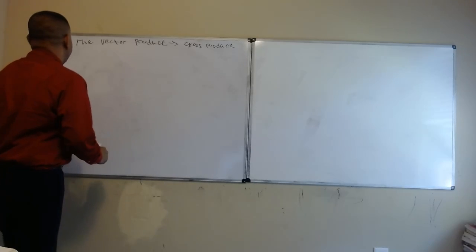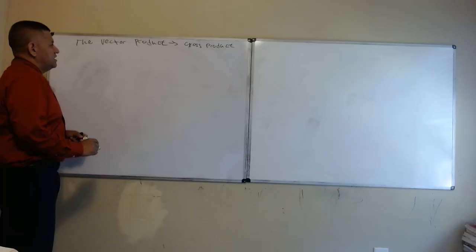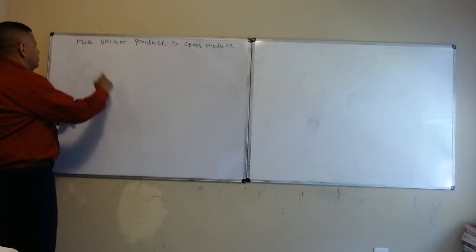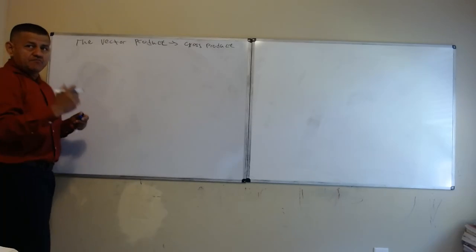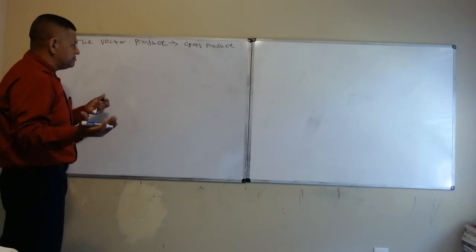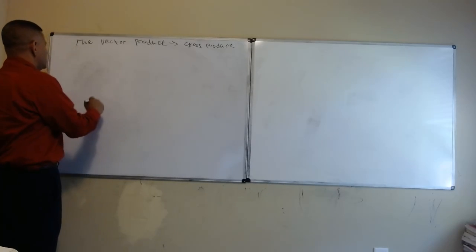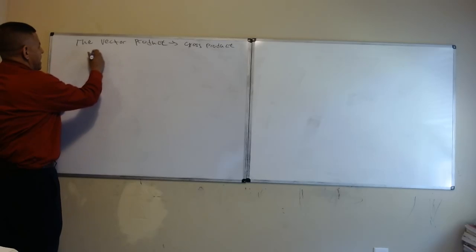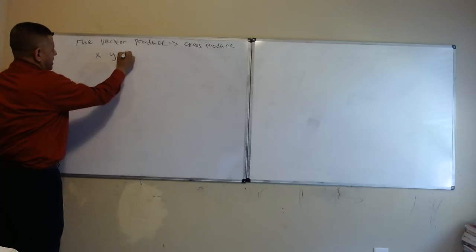So let's say you want to construct a vector in three dimensions. Obviously, you want to have x, y, z.